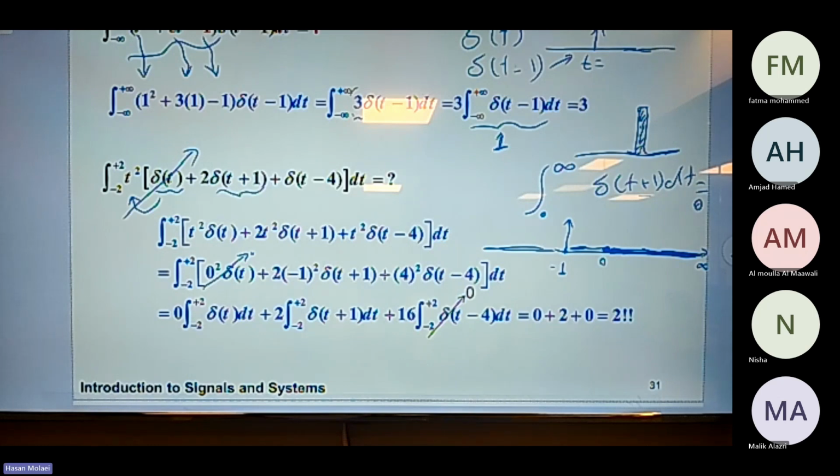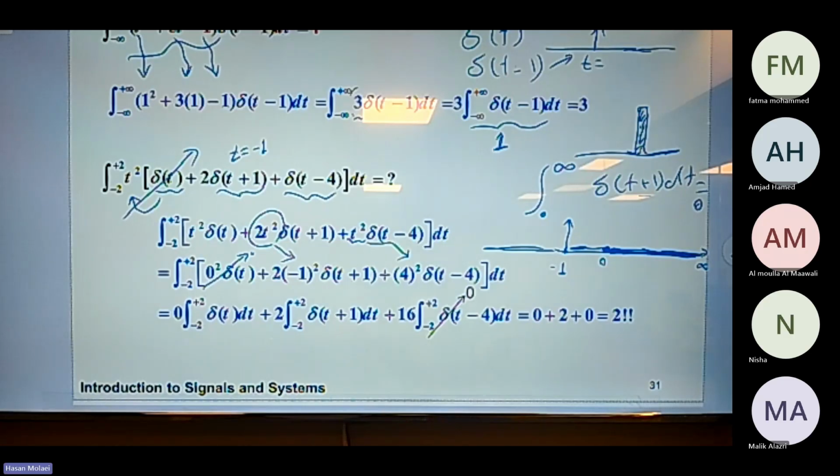How about this one? It occurs at minus 1. I need to replace t by minus 1. How about this one? It occurs at 4. I need to replace t by 4.